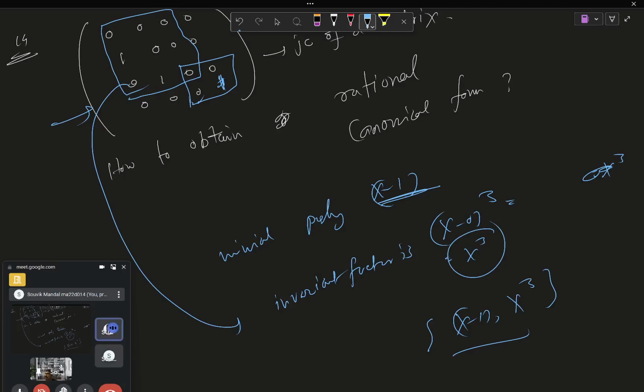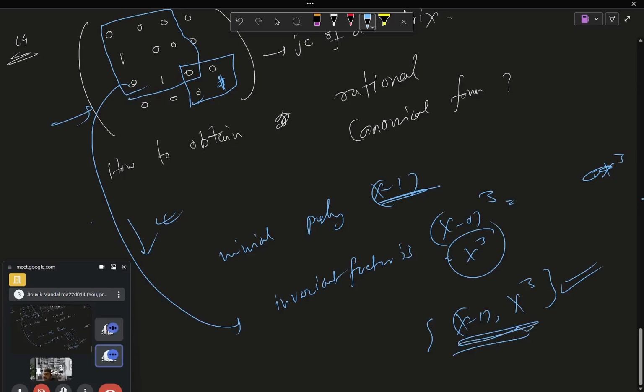But this way of backtracking is more efficient because you are directly getting the invariant factors and minimal polynomial due to the construction of the Jordan canonical form. Right now I'm not doing the calculation because we are running out of time, so kindly calculate it by yourself.